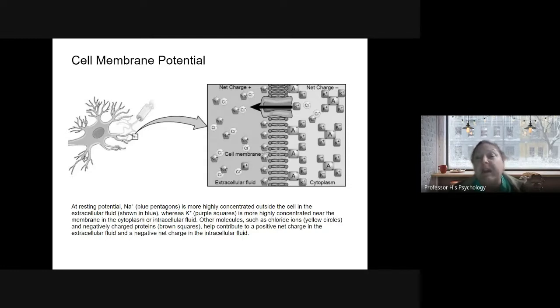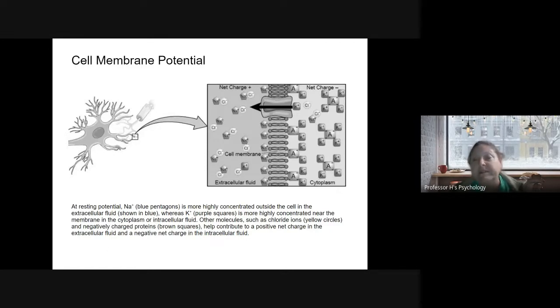And the way it becomes less negative is because a lot of these sodium ions that are just hanging out real close to the edge, as soon as they get the opportunity to rush inside, they do that. So if they get a chance to go on to the inside, they rush in, and that extra influx of those positive ions creates a change in the net charge of the inside of that cell, making it more positive.